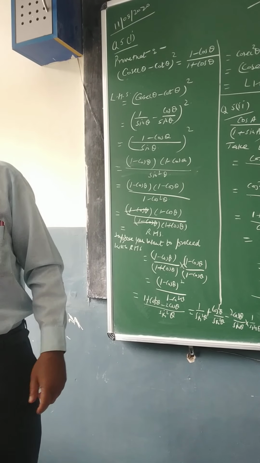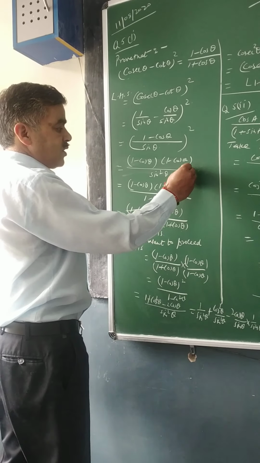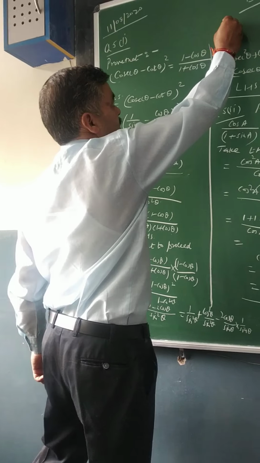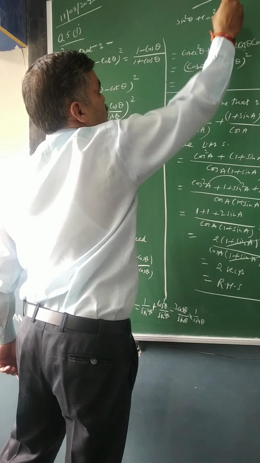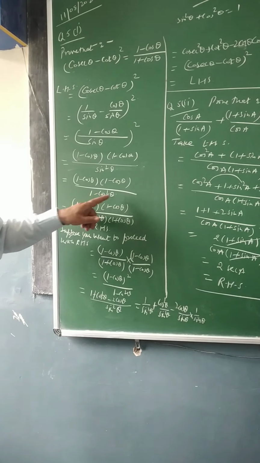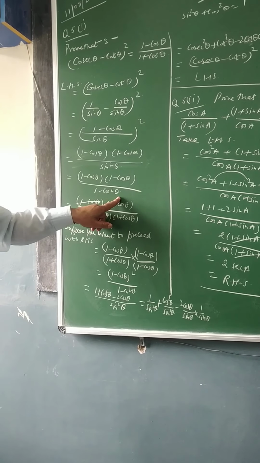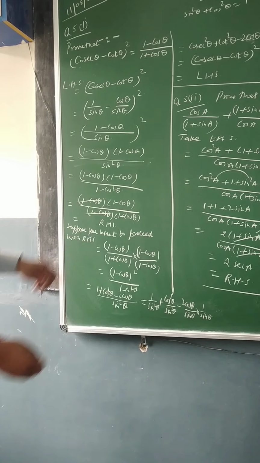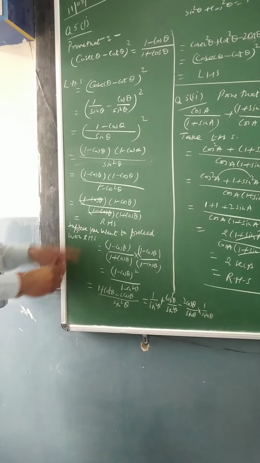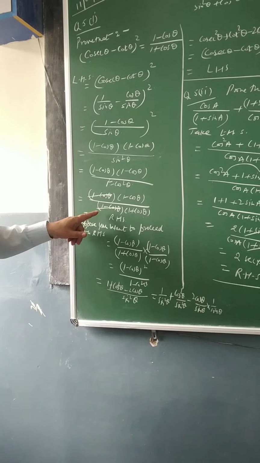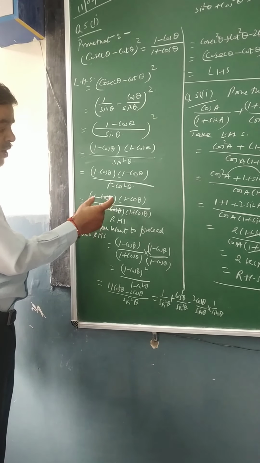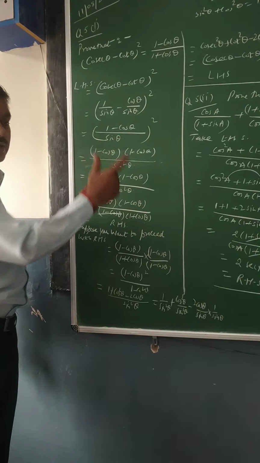And by using your identity, that is sin square theta plus cos square theta is equal to 1, I can express sin square theta in terms of 1 minus cos square theta, which is lying in the form of what? A square minus b square. So a square minus b square again can be expressed in terms of what? (a minus b) into (a plus b).